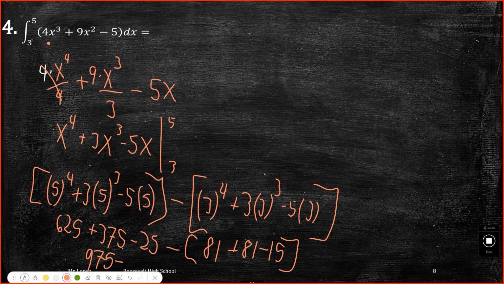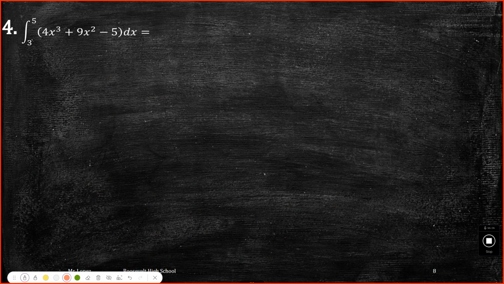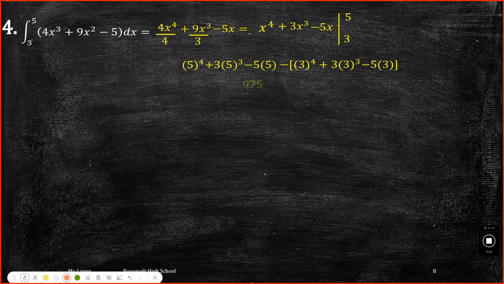That's positive, so 147. 975 minus 147, 828. I don't know, is it? All right, so that's the idea of this. Okay, let's go to 5.